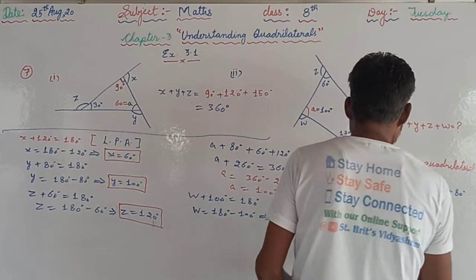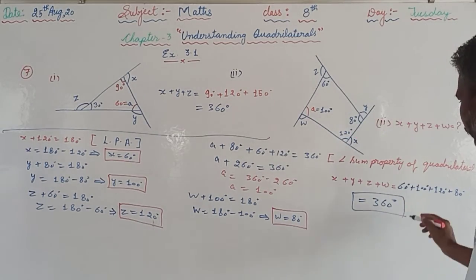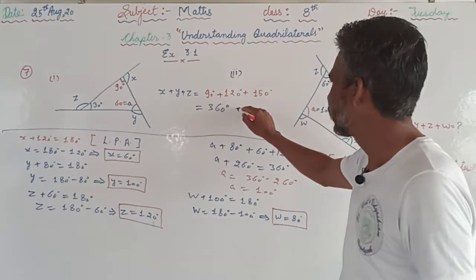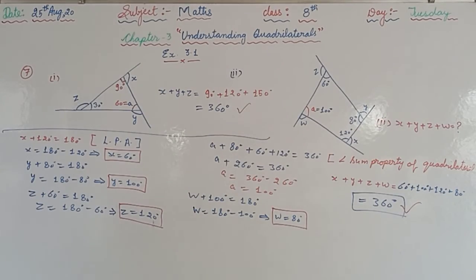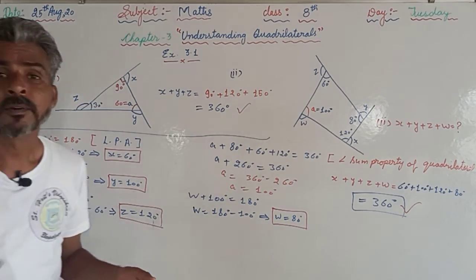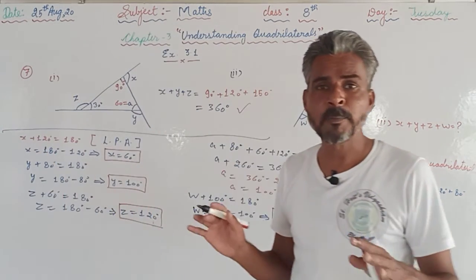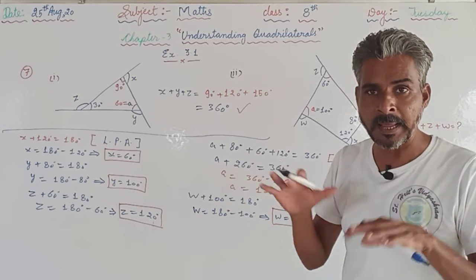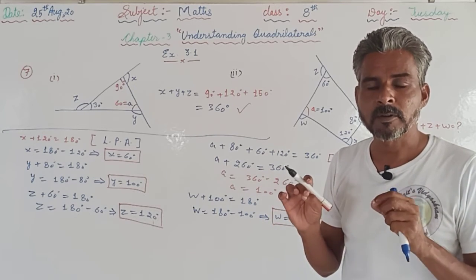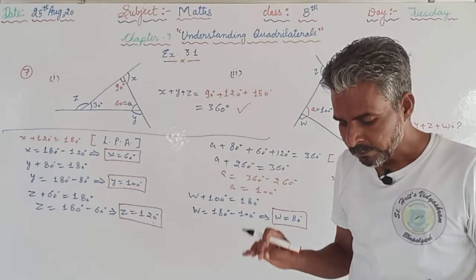So in both the cases we got the sum of the exterior angles is 360 degree, means the sum of the exterior angle is irrespective of the number of sides of a polygon, whether it is having the 3 sides or it is having the 4 sides or 5, 6, 9, 10. How many sides are there in the polygon, the sum of the exterior angles will be constant, that is 360.